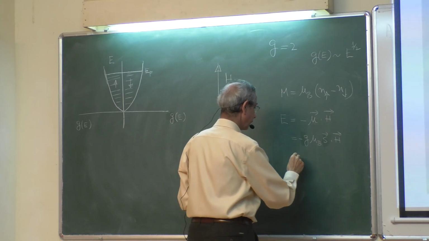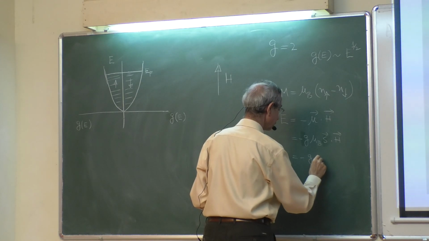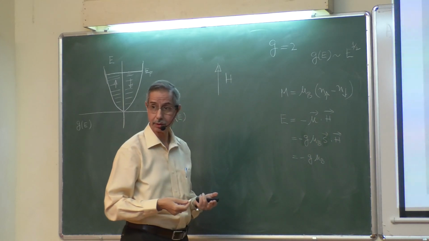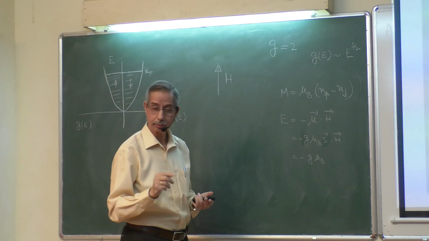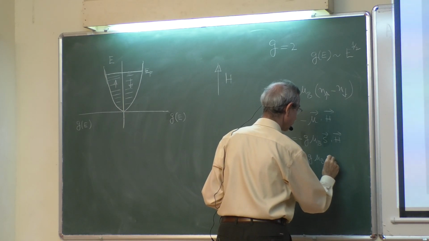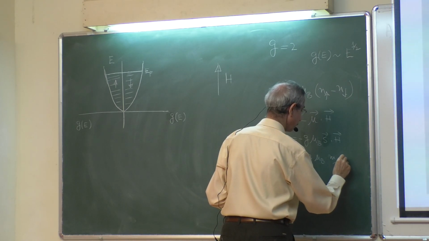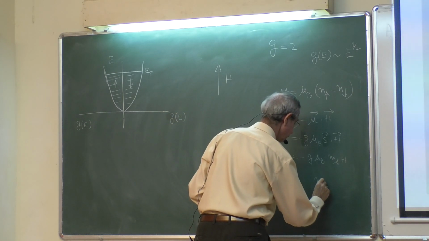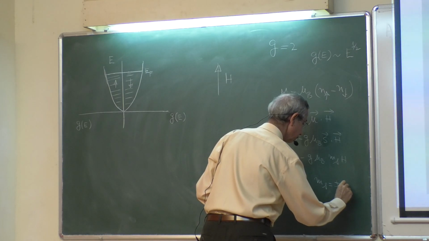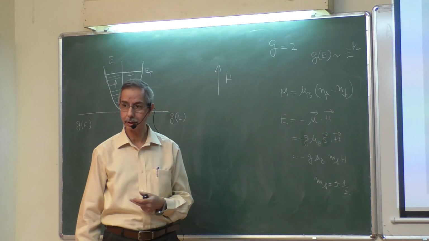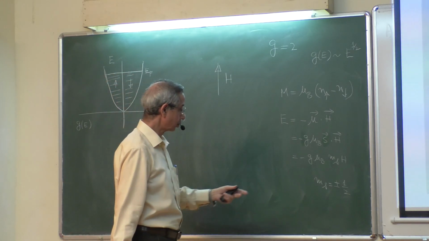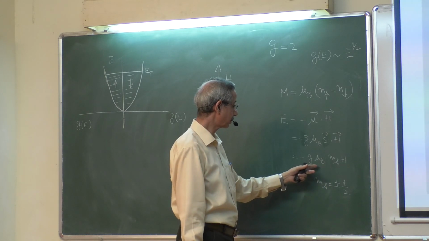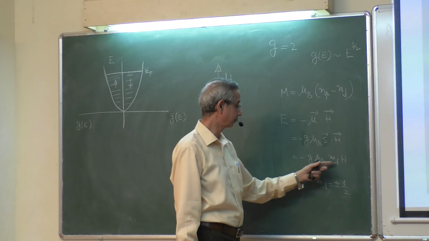If S is half, for a spin half electron, then this is the m_s value, and for an electron, m_s can have values plus half and minus half. So for a spin up, for which m_s is plus half, this would be simply mu beta H, minus mu beta H.